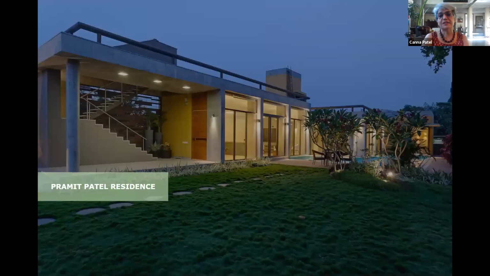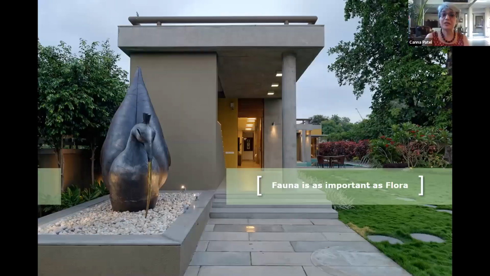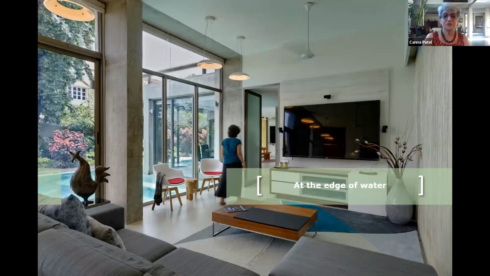When designing architecture, landscape, and interiors on this project, we felt we had to remember the fauna, and that the water comes quite close to us, because it always feels good no matter where you are in this world.